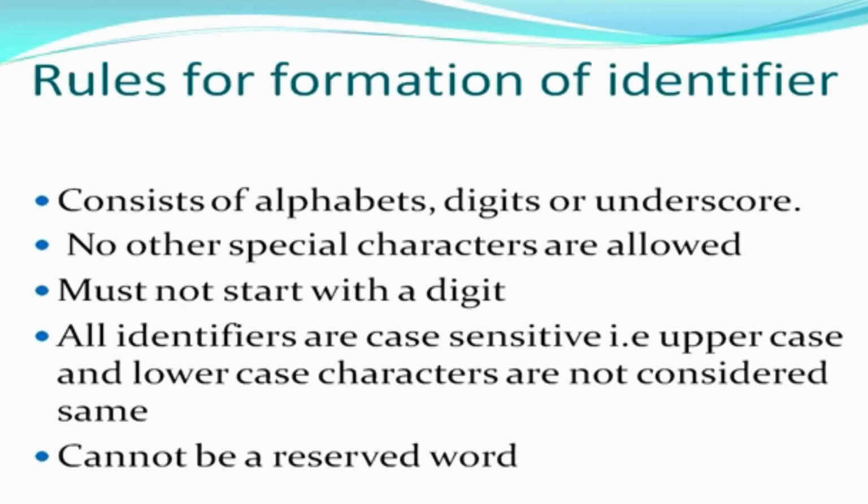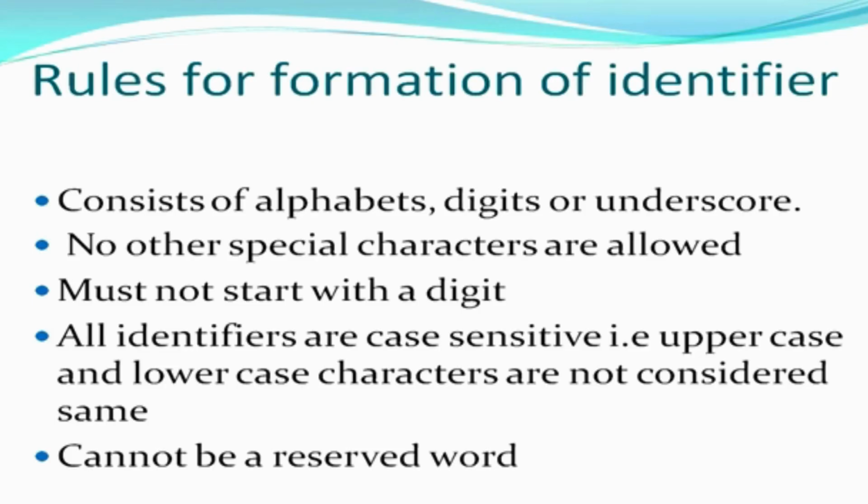Every identifier should consist of alphabets, digits, and only one special character is allowed, that is the underscore. Other than that, you cannot use any other special character, no spaces, no plus minus, no hyphens, nothing. You can only use an underscore.